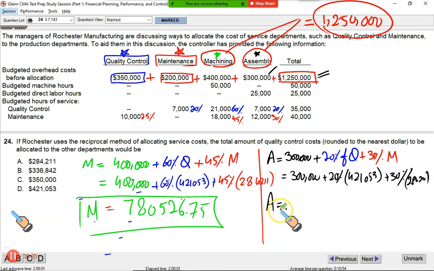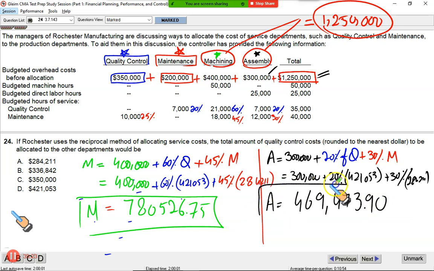Let me do the whole computation. It is going to be 300,000 plus 0.20 times 421,053 plus 0.30 times 284,211. It gives me 469,473.9.